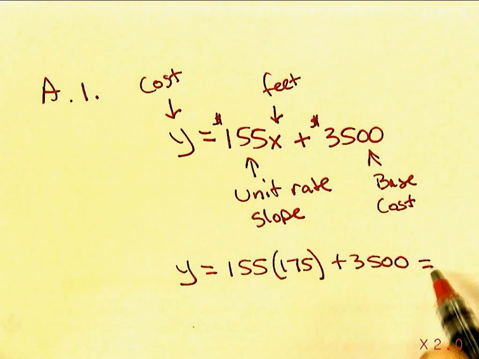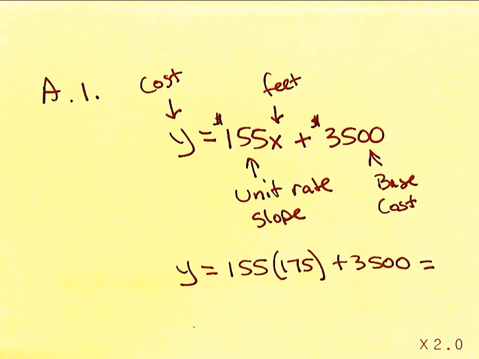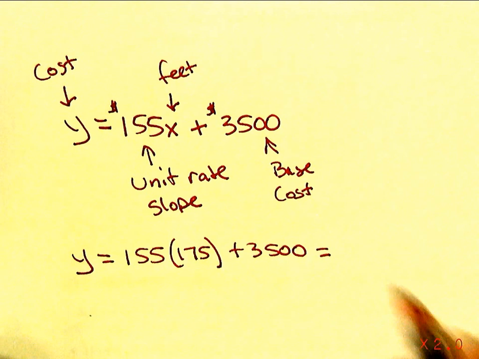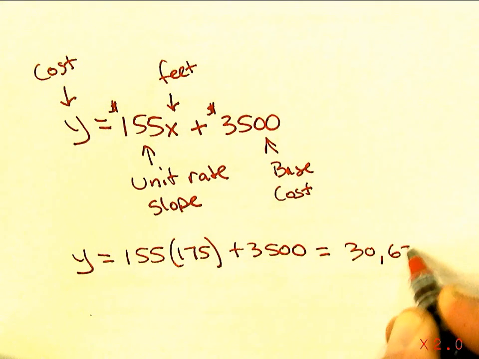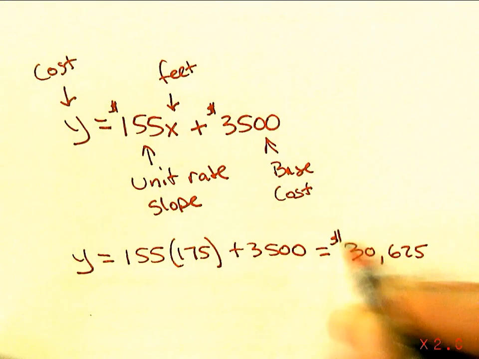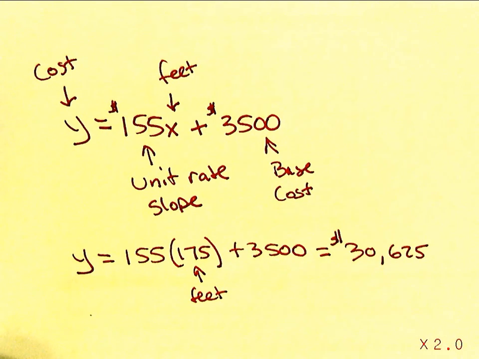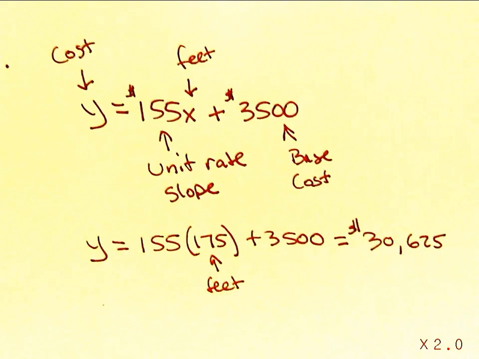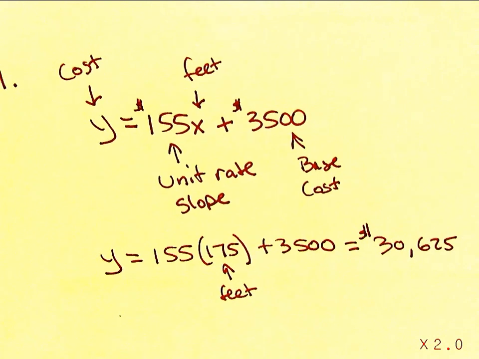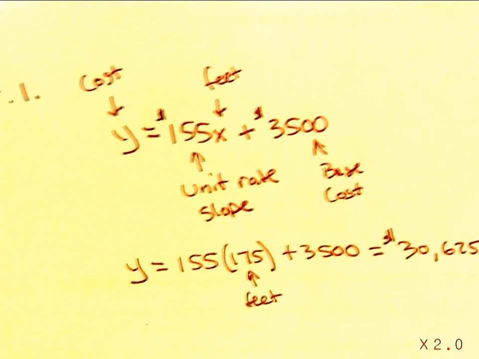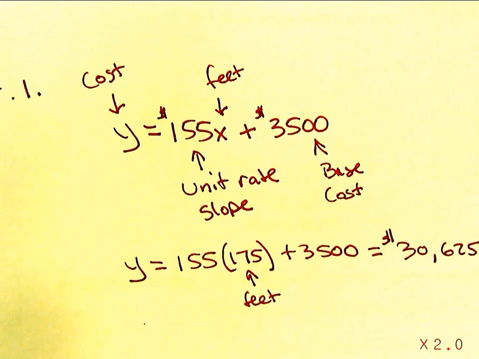It equals $30,625 to paint a bridge that's 175 feet long. So there was my amount for that, and that's the answer to question 2A.